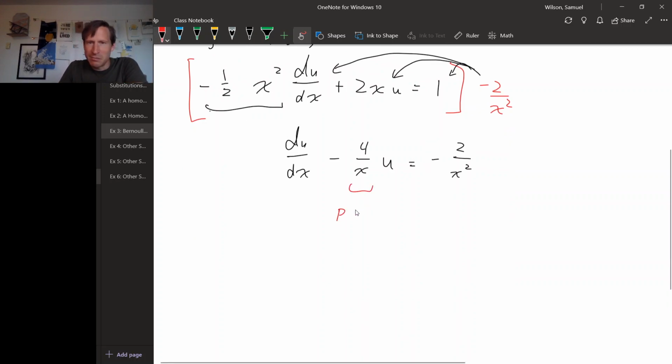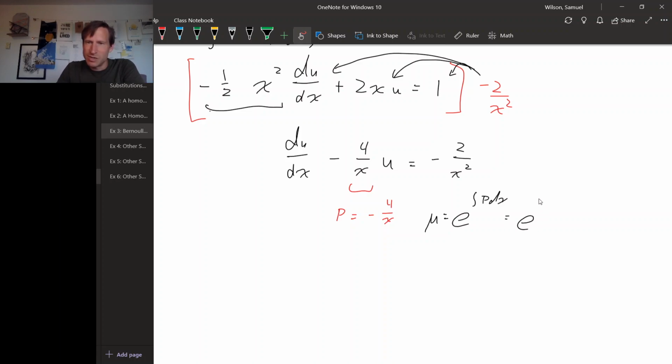Now p is our coefficient function on the linear terms, the order 0 term. So p is minus 4 over x, and our integrating factor is e to the integral of p.